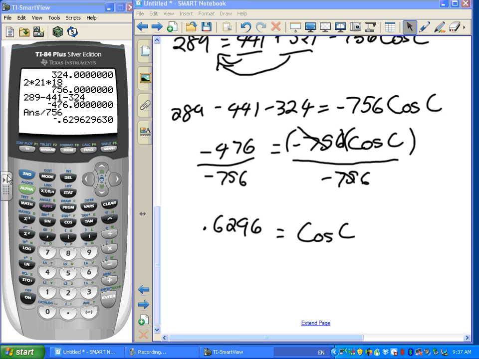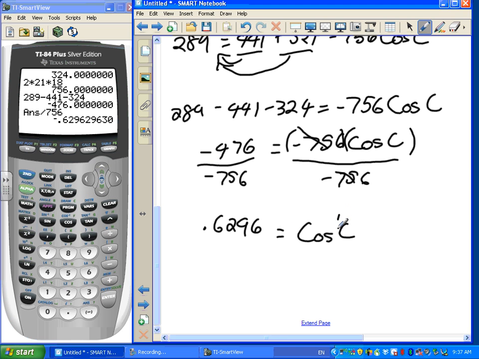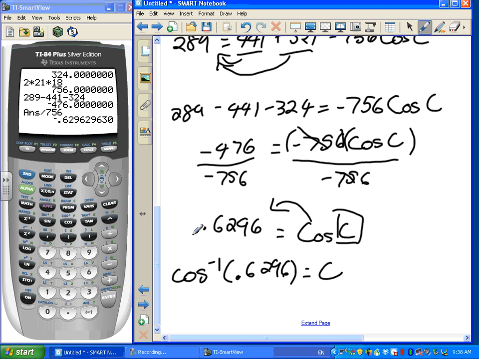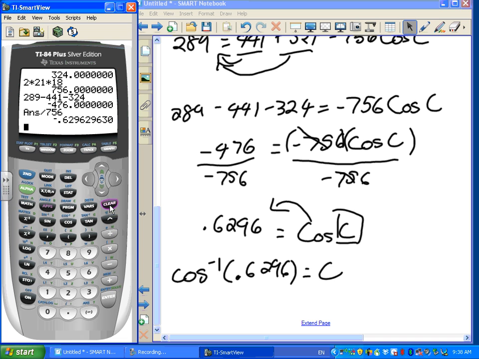This is the other tough part. Many of you guys most likely will forget to do this. I'm solving for just C, which means I've got to move cos to the other side because I'm looking for only the angle. When I move cos to the other side, it becomes the inverse cos when you type it in your calculator. So we push cos inverse of 0.6296 equals C. We do it on the calculator right now.